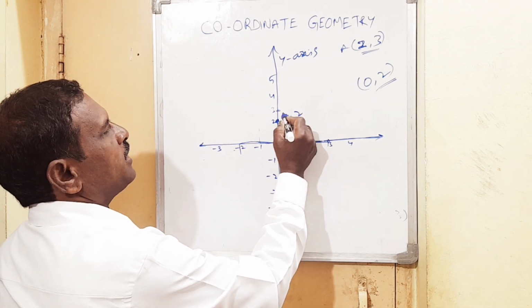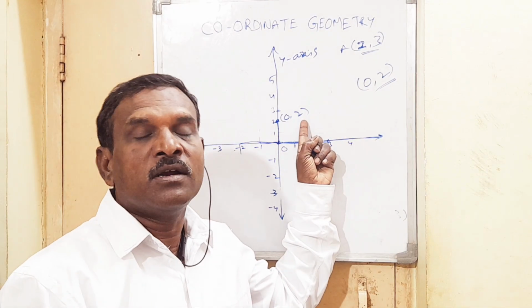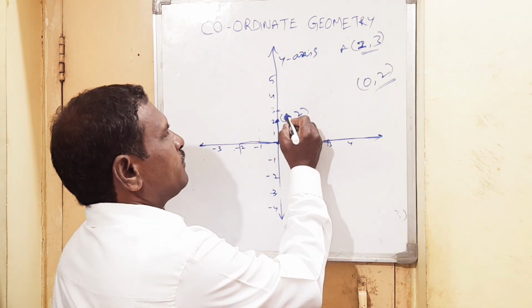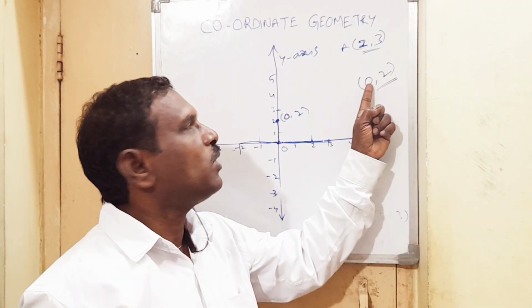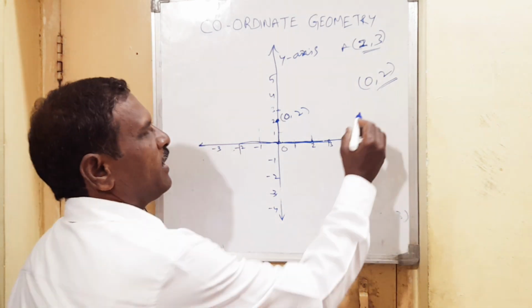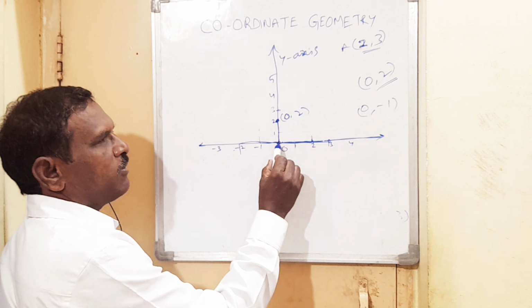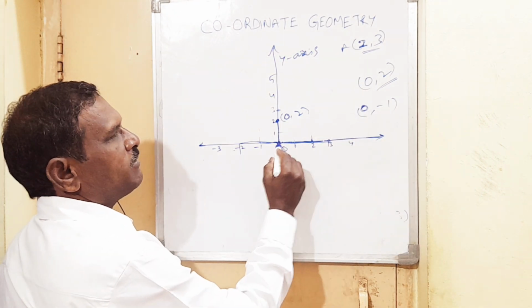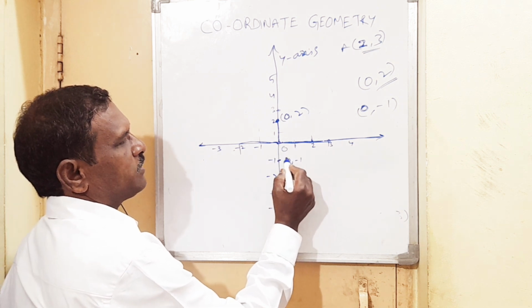So this point is on the y-axis. The point (0, 2) is on the y-axis. So from this we can say any point on the y-axis has x coordinate 0. We can plot one more point, let us say (0, -1). Same, we are starting from the origin and not moving left or right because the x coordinate is 0. From there the y coordinate is minus 1. Come down, this is (0, -1).